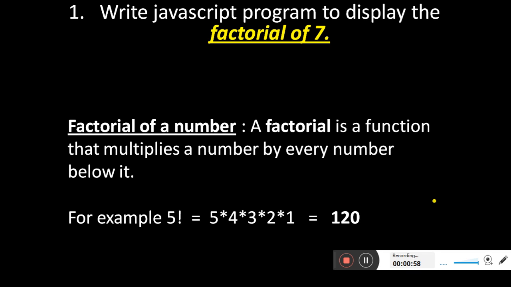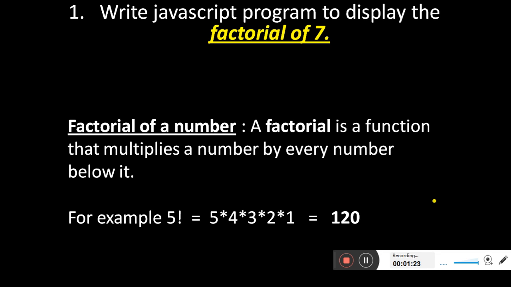What do you mean by the factorial of a number? A factorial is a function that multiplies a number by every number below it. For example, to find the factorial of 5, I need to multiply 5 by 4, by 3, by 2, by 1.